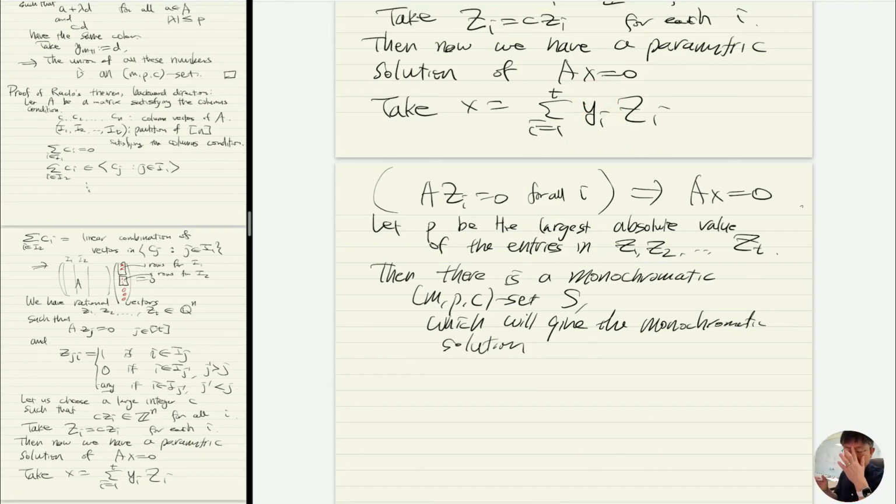The sequence y1 up to yn+1 will give you such a thing. Am I doing all right? Yeah, but what is m? What is m? So I should replace m with something else, right? T minus 1.